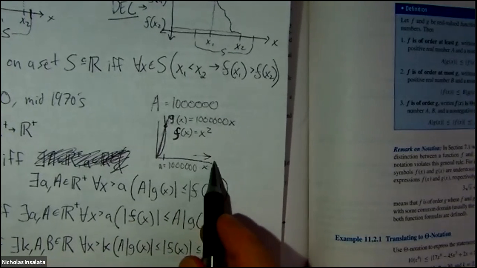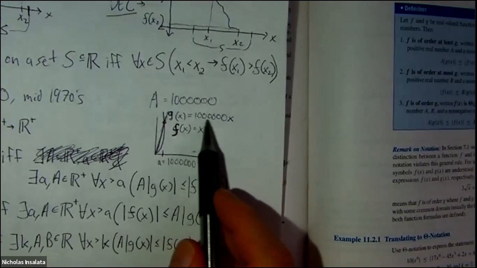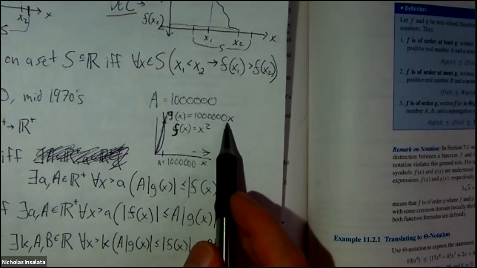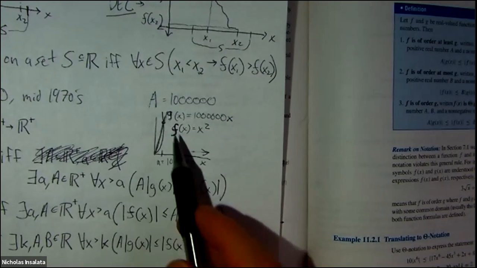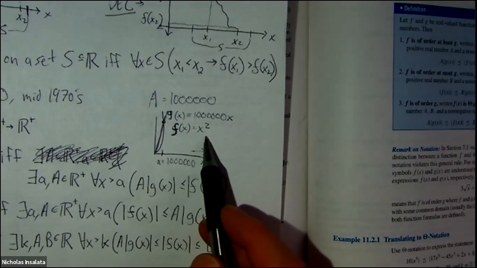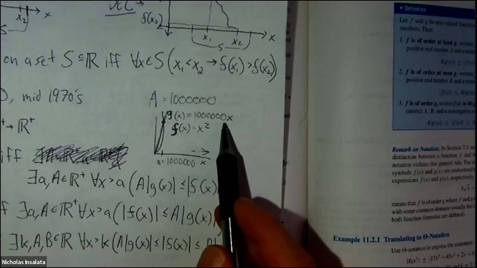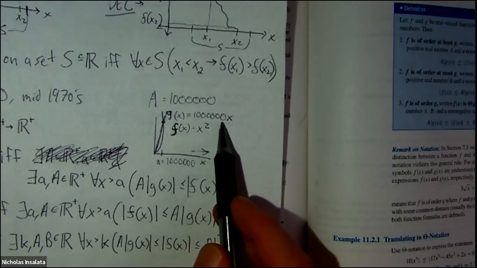Well, eventually, what's going to happen on the x-axis is that even though you have a giant coefficient on g, f is still going to overcome it eventually, right? It might be a billion numbers out, but eventually the x squared function is going to get bigger than any linear function you choose, no matter what the coefficient is.